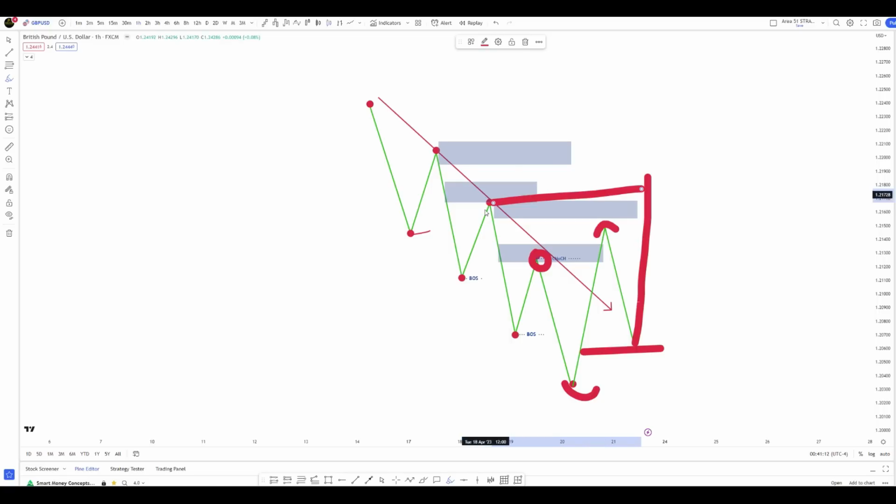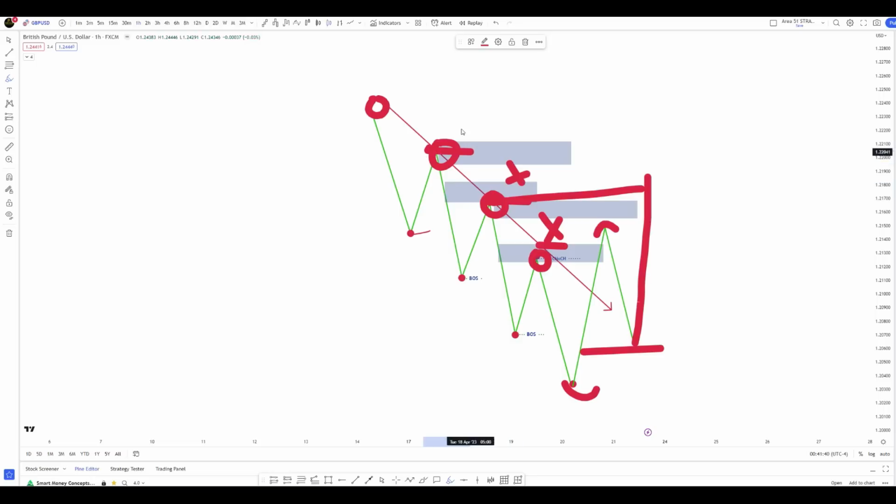There's always liquidity or stop losses sitting on every lower high, every lower low, every higher high, every higher low. There are always swing highs and swing lows, and there are always stop losses sitting there. Why? Because some people sold from here, putting their stop loss right there. Other people started selling from this supply zone, putting their stop loss here.